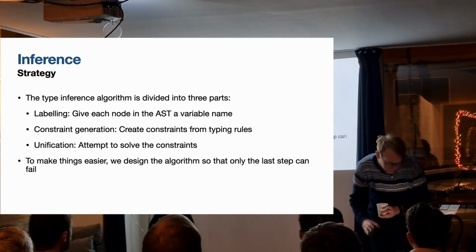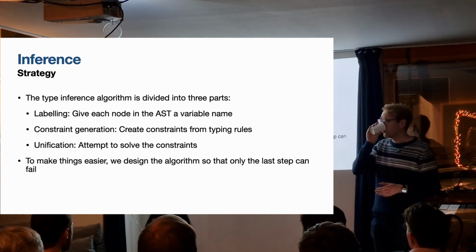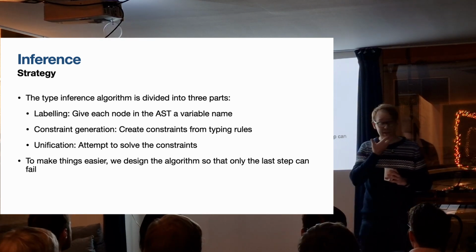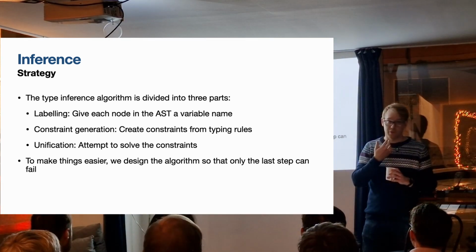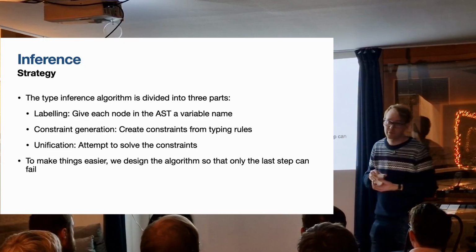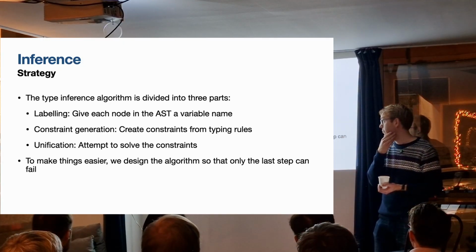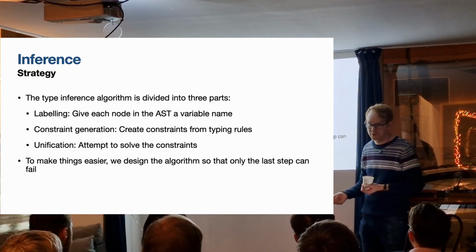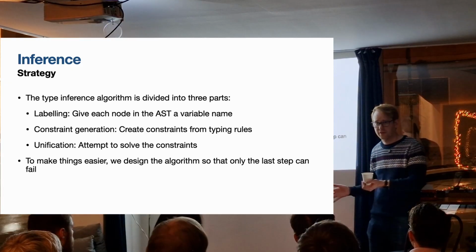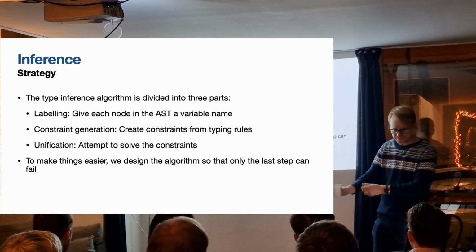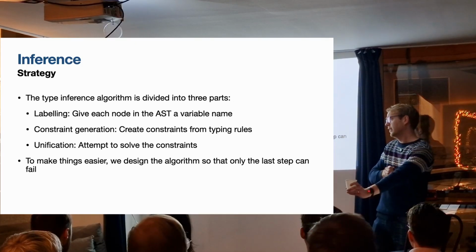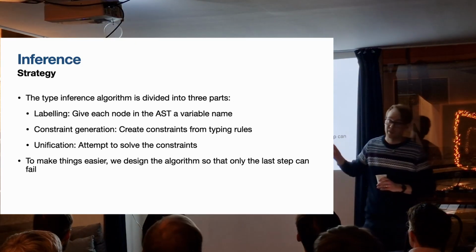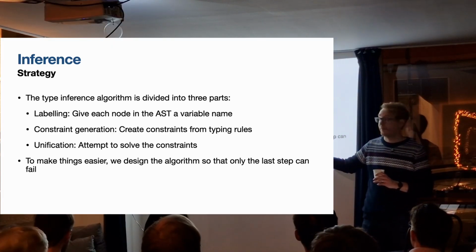Okay, so we're about ready to dive into the implementation of how to create a system like this. I just want to give you a quick overview of the strategy that we will use, because there are a bunch of different ways we could go about this. The strategy we will employ is that we will first generate all those variable names.